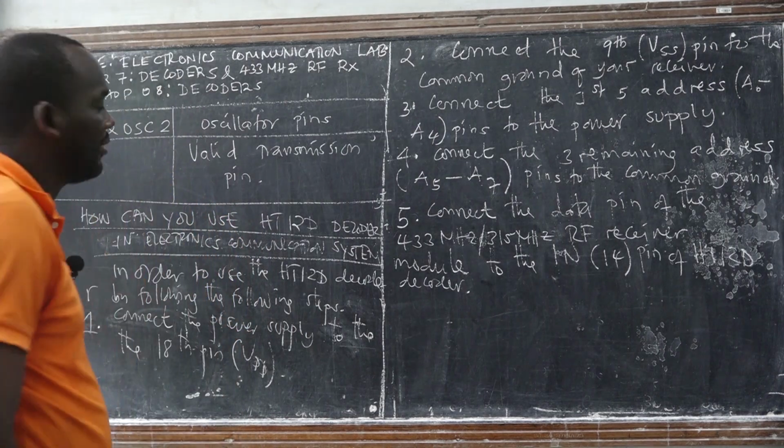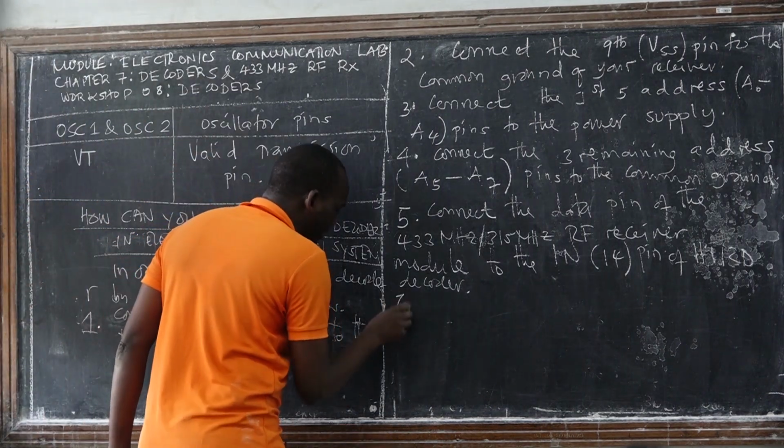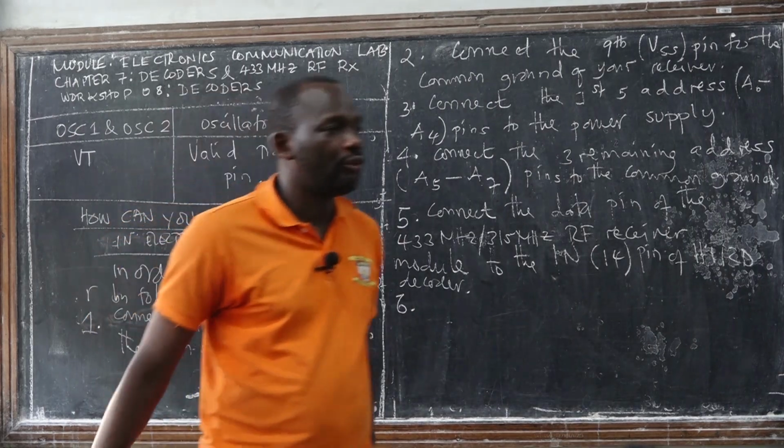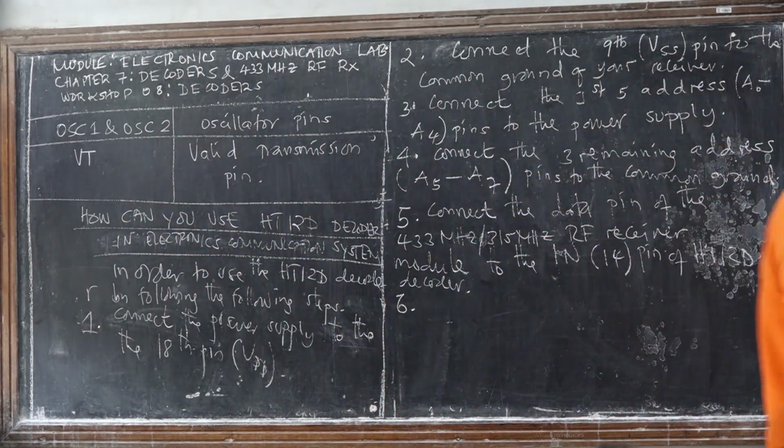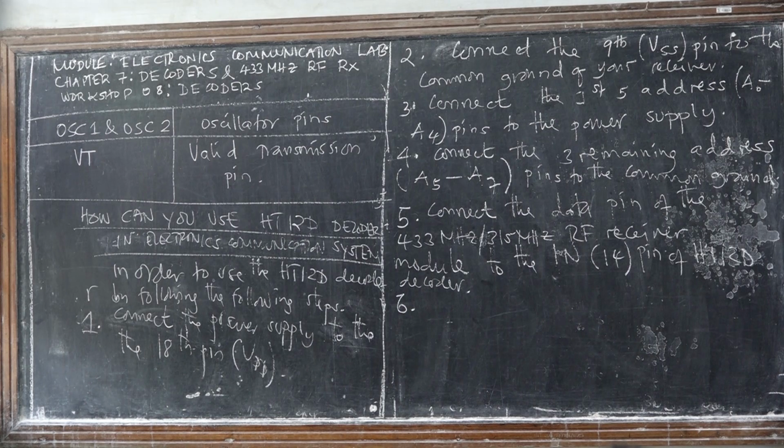Okay? Step number 7, number 60. For Ht12E encoder, Precious, read for us. Step number 60. For Ht12E encoder.